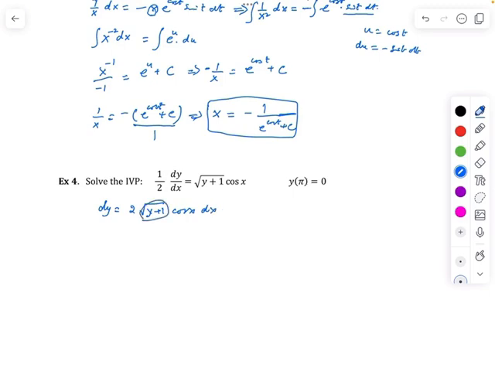Now I will move this thing over here on the left side. So dy over square root of y plus 1 equals 2 cosine of x dx. Integrate.